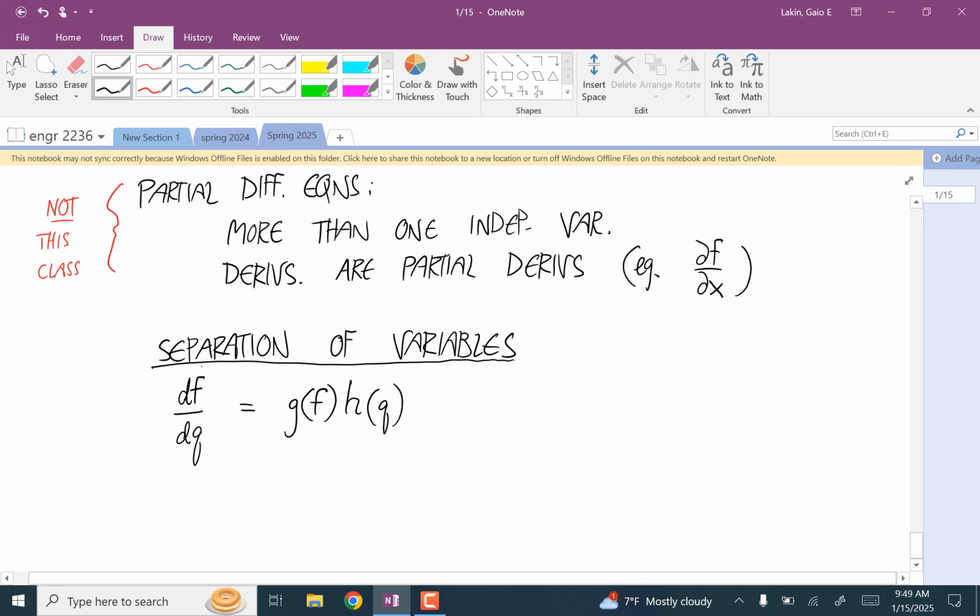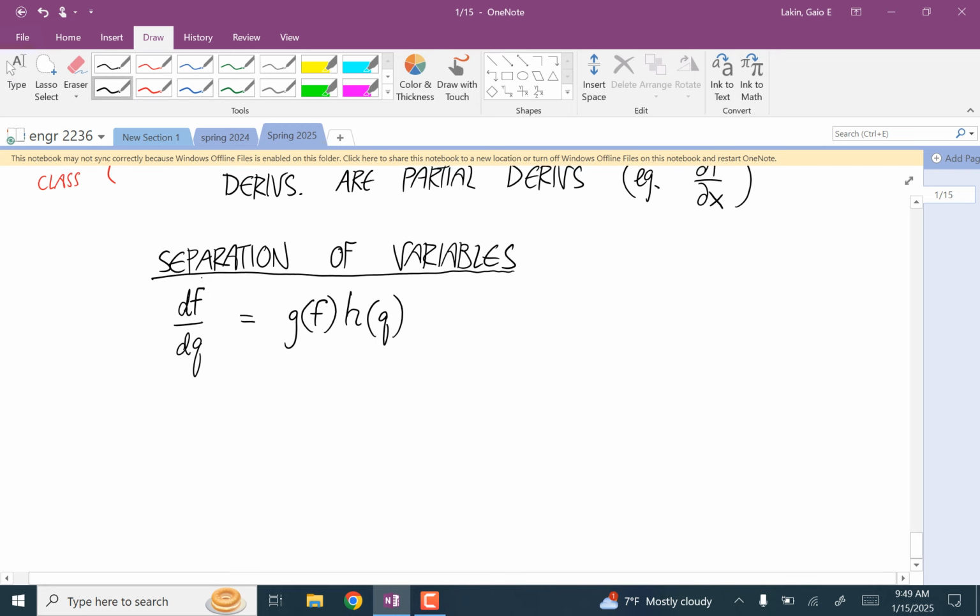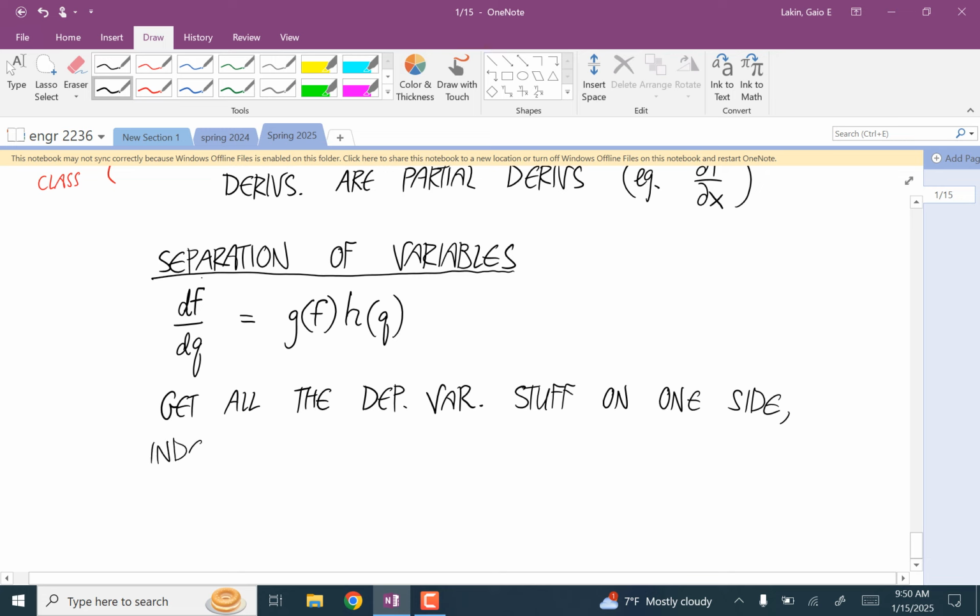Then the way you solve it is get all the dependent variable stuff on one side, get all the independent variable stuff on the other side, and then you can integrate.